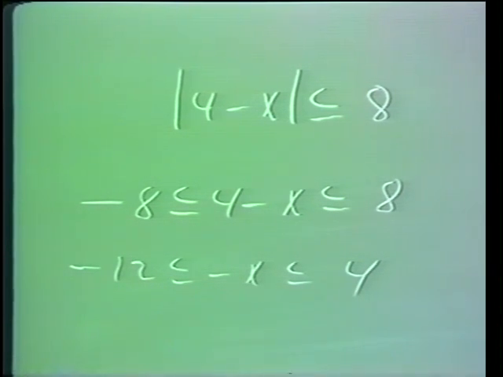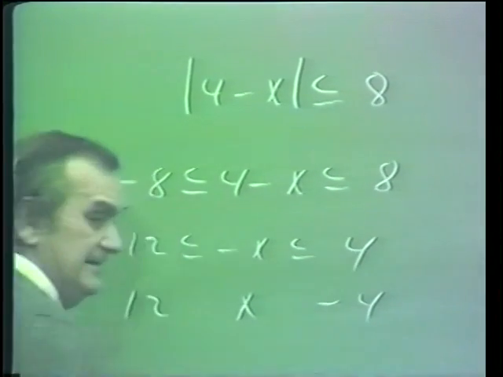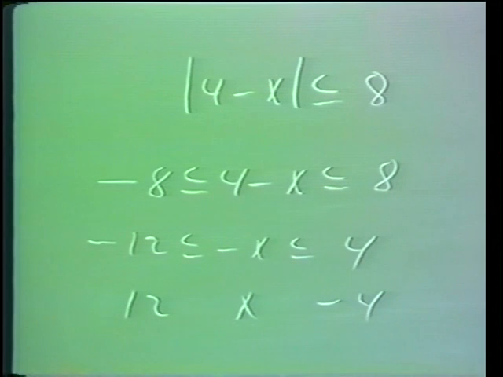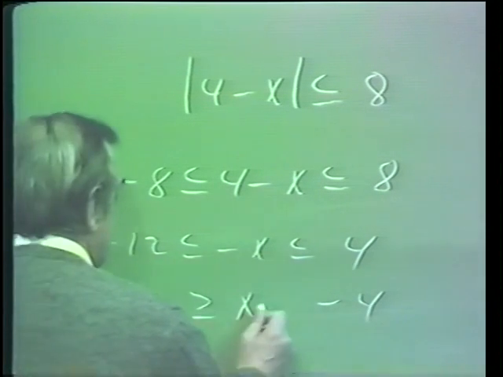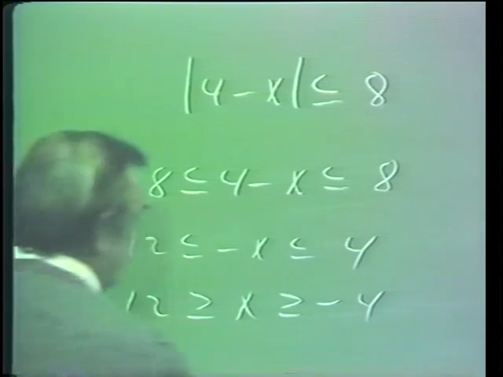The coefficient is negative 1. So we're going to divide all three sides by negative 1. I get 12, I get x, I get negative 4. But since I divided by a negative, I have to change the symbol and reverse the order.